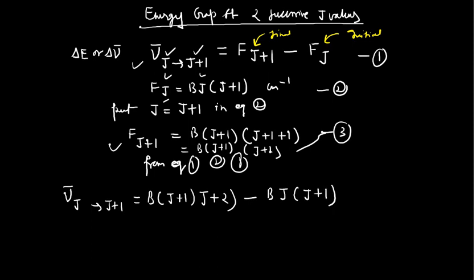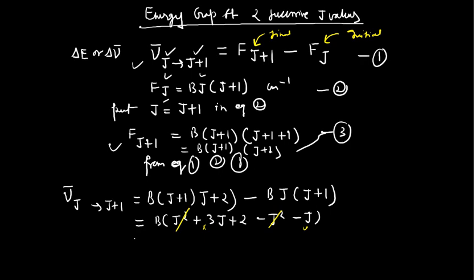If you solve this equation thoroughly, then what you will get? B times j square plus 3j plus 2 minus j square minus j. If you solve this, the j square will cancel. From the 3j, one j is cancelled, so it would be 2j now.